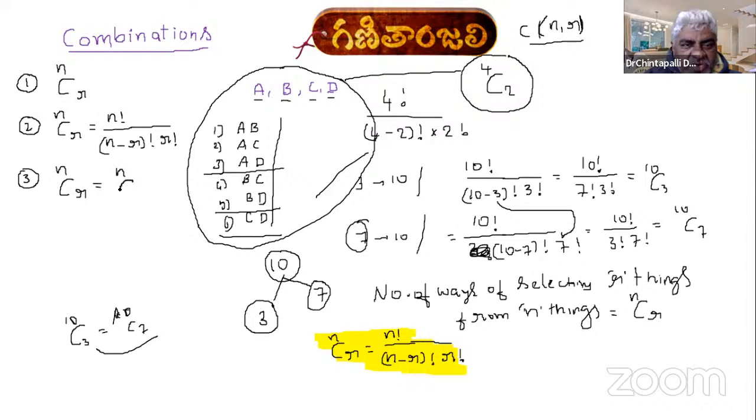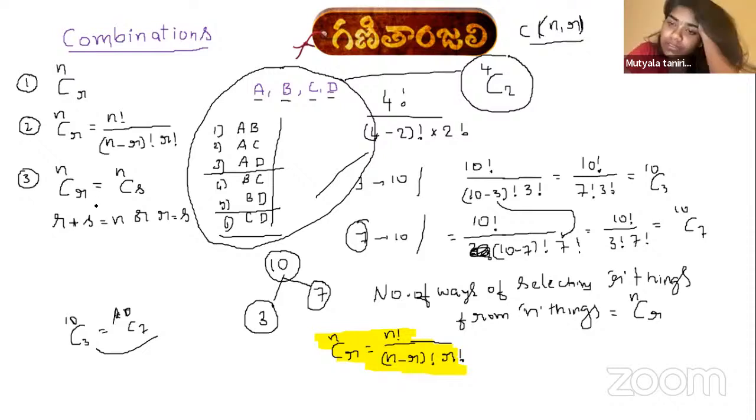Whenever NCR is equal to NCS, R plus S equals N. Sometimes R is equal to S. These are variables, not numbers, so we cannot say whether they are equal or not. So NCR equals NCS means either R plus S is equal to N, or R is equal to S. Got it? Very good.